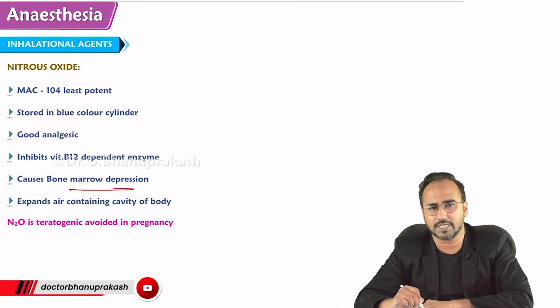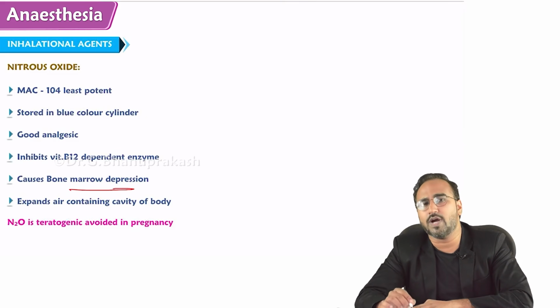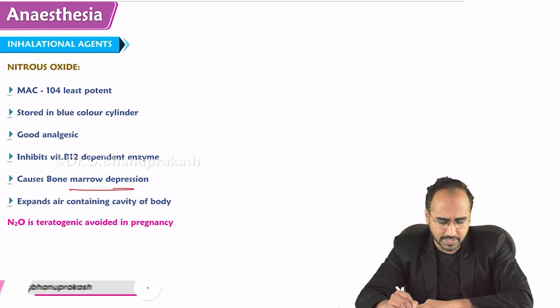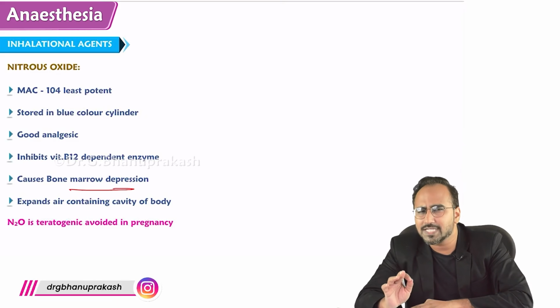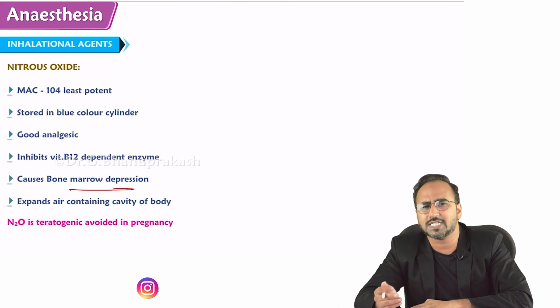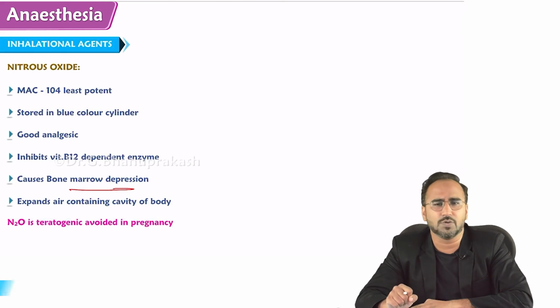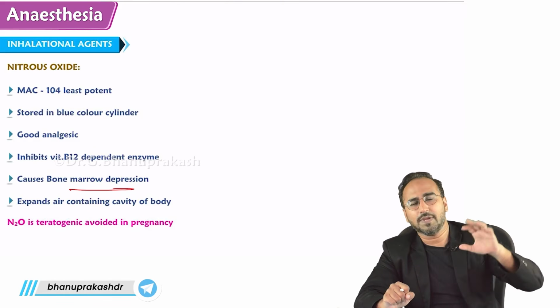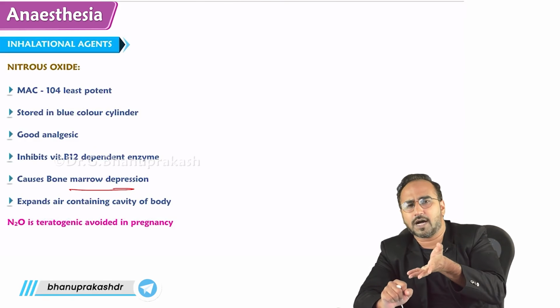Apart from that, nitrous should also be avoided in closed loop surgeries. For example, if a patient has intestinal obstruction due to volvulus or intussusception, never give nitrous. If you are giving general anesthesia, don't give nitrous. Why? Because nitrous will go towards the obstructed part.